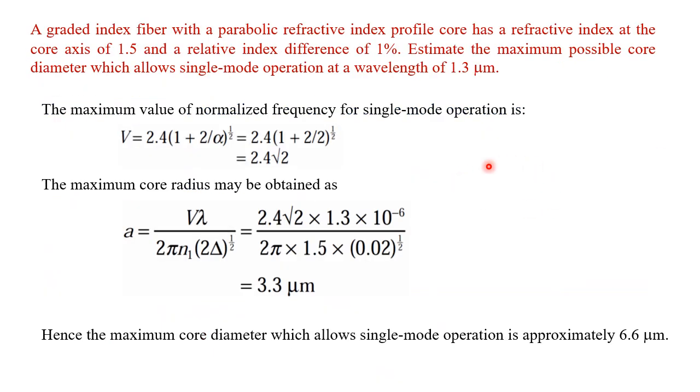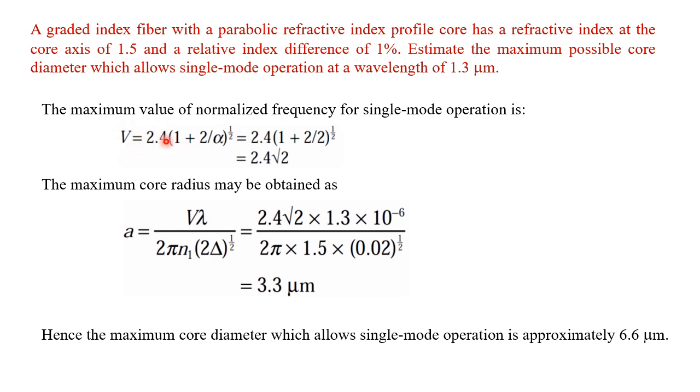So let us have a numerical problem. A graded index fiber with a parabolic refractive index profile core has a refractive index at the core axis of 1.5 and a relative index difference of 1%. Estimate the maximum possible core diameter which allows single mode operation at a wavelength of 1.3 micrometer.